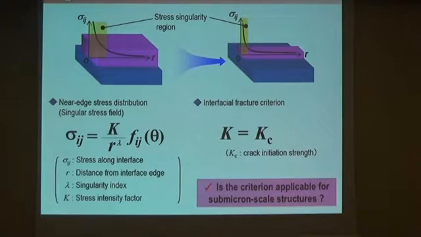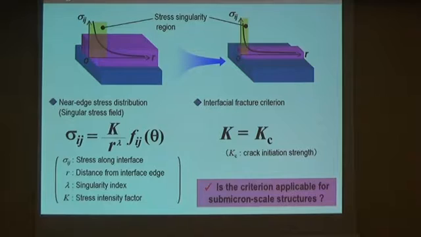And it is well known that the fracture initiation from the interface free edge can be described by this criterion. I mean, if the fracture toughness, Kc, is attained, then the fracture initiation occurs. And the question is, if the size of the component shrinks, then the stress singularity region similarly shrinks down.